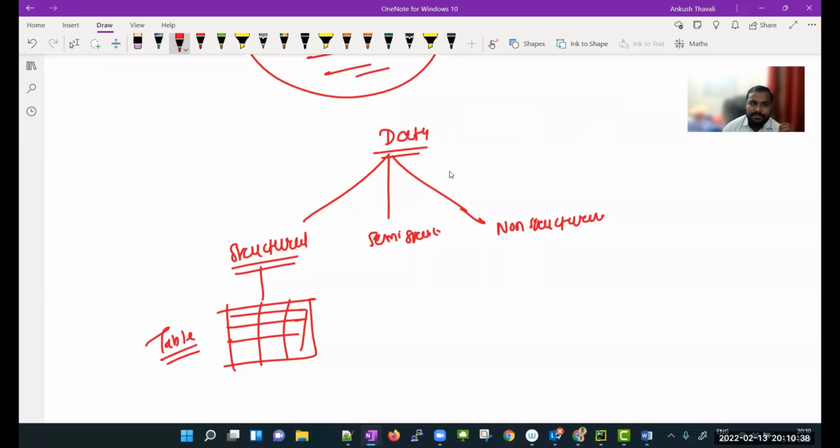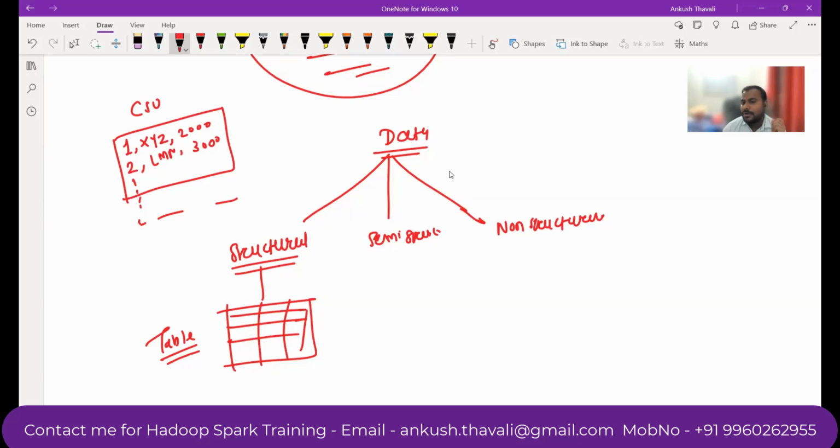So let's say I have a CSV file with a huge number of records, like one, then your name is XYZ, then your salary. This is your first record. Let's say you have a second record like 2, the name is LMN and the salary is 3,000. Likewise, you have a huge amount of data. Can I store this data in my table? Yes, it is possible.